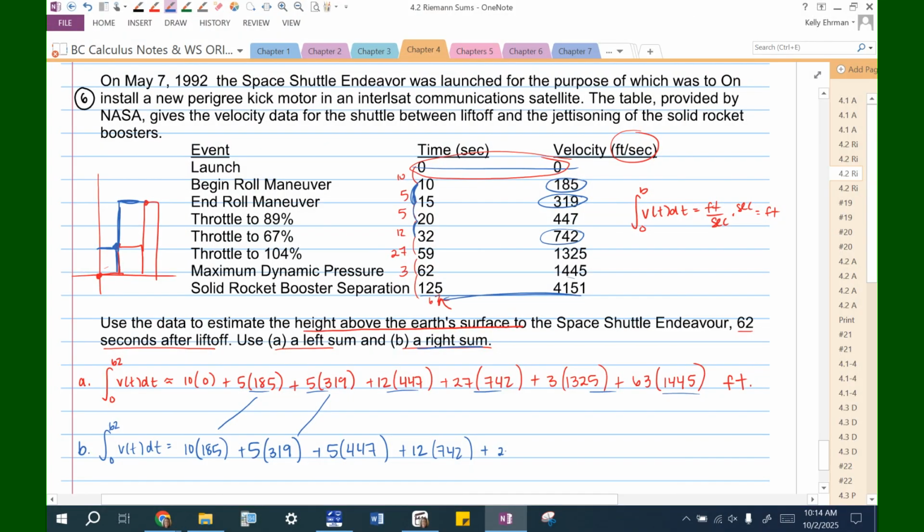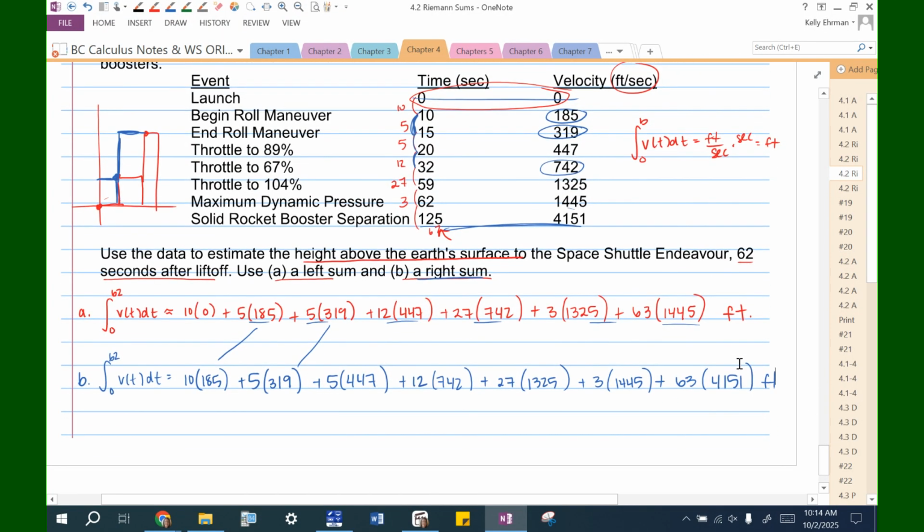And then we have a delta t of 27, and we should be using 1325. And then we have a delta t of 3, and we'd be using 1445. And then we have a delta t of 63, and we should be using 4151. Still labeled in feet.